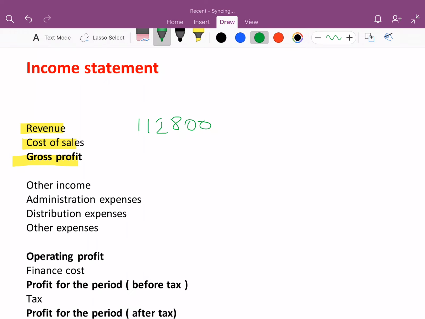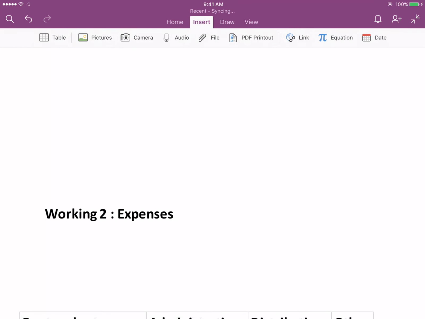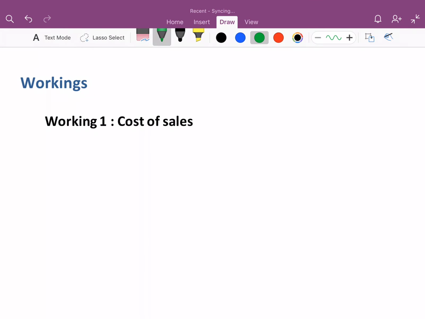So cost of sales, you have to do some working to get cost of sales. So how are you going to do the working for the cost of sales? Here, we're going to write it down. It's really, really simple.